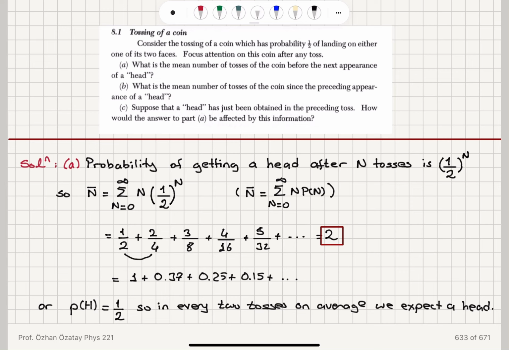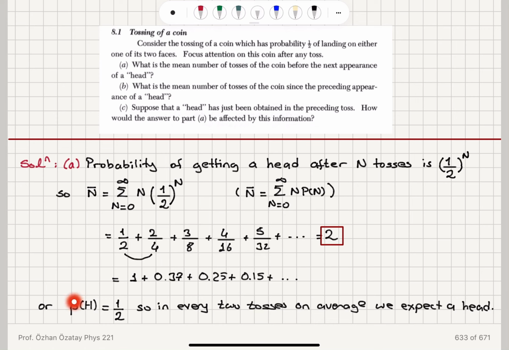Well, it is the sum over all possible values of n equals 0 to infinity, multiplied with the probability of getting a head after n tosses, 1/2 to the power n. It's the definition of the mean value. The variable multiplied by its probability of occurrence is summed over all possible values, and this gives us 2. So we obtain an infinite series which converges to 2.